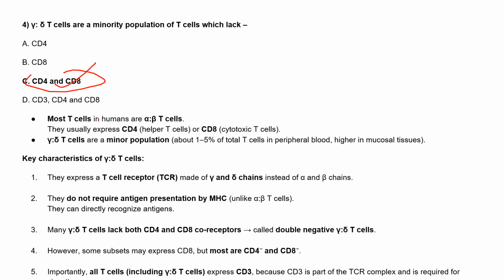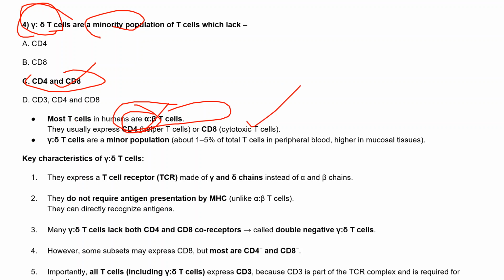Mostly, T cells in humans are alpha beta cells. We know that, and these are the majority. There are two kinds of populations in T cells: one is alpha beta, and another one is gamma delta. So these are divided into majority and minority. The majority of the cells are alpha beta T cells; they usually express either CD4 or CD8.